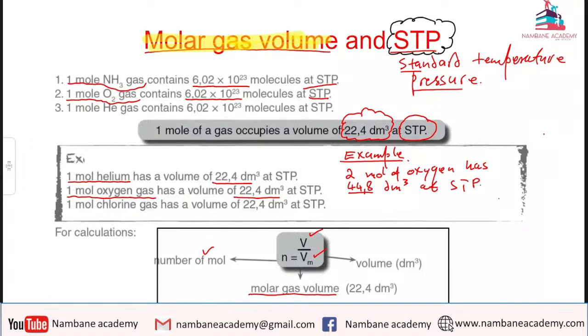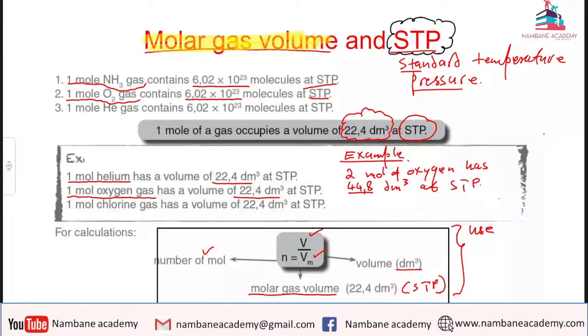And remember, ladies and gentlemen, this is now at STP, and the volume must be in decimeter cubed. Ladies and gentlemen, let me emphasize, we can only use this equation for gases only. If it's not a gas, this equation will not apply.